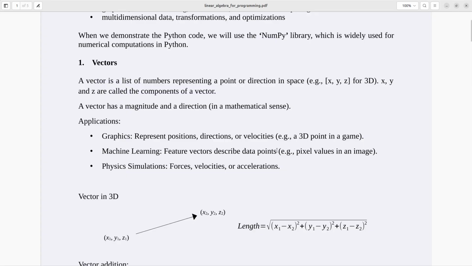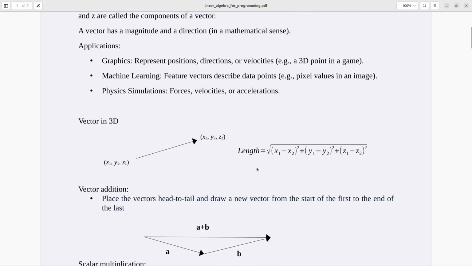So all the data points can be put in the form of a vector to represent the feature vector, okay? So for example, the pixel values in the image can be put in a vector to represent the features contained in the pixels, okay? And in physical simulations, we can use vectors to represent forces, velocities, and acceleration.